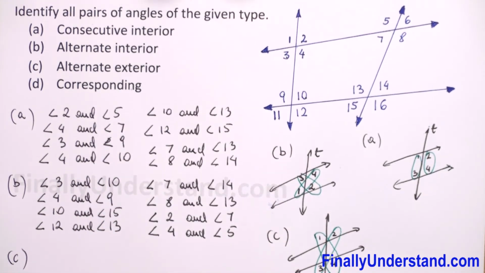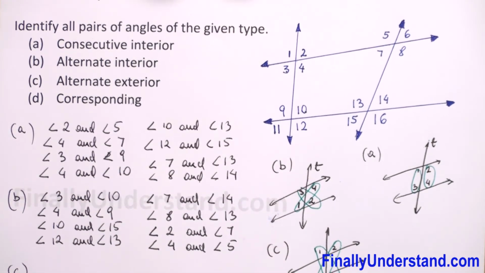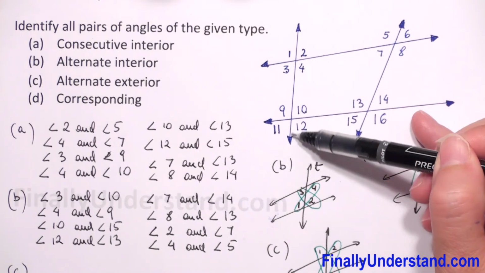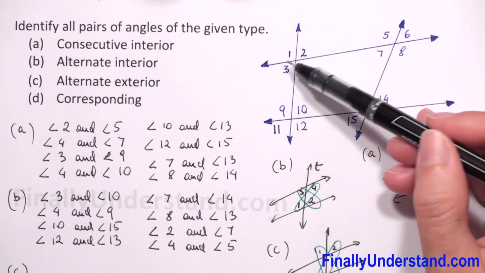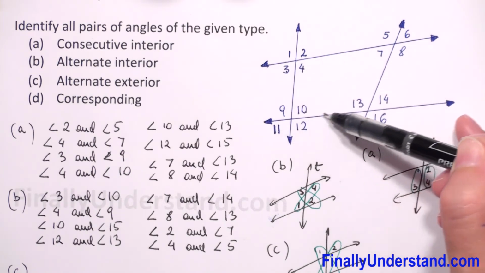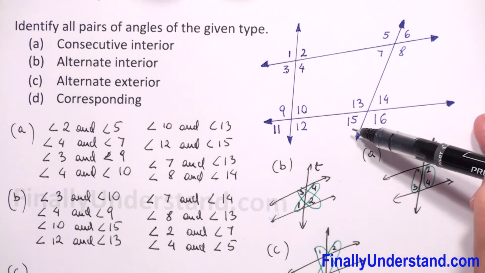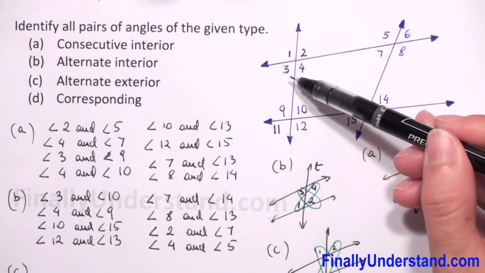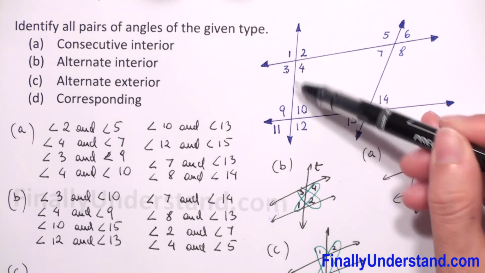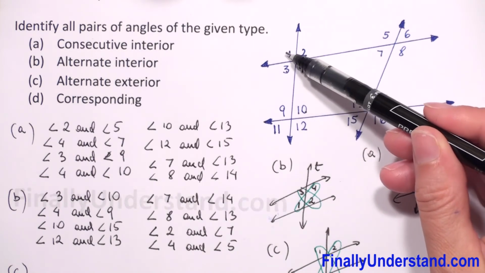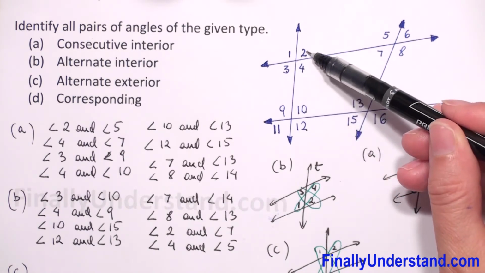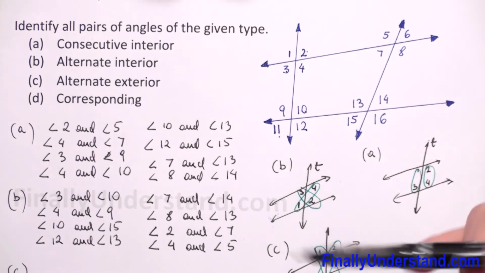Question C. Let's look at our diagram. And first, this line will be our transversal. We have two lines. Alternate exterior angles are angles which are outside of our lines and on the opposite sides. So it will be 1 with 12 and 2 and 11.